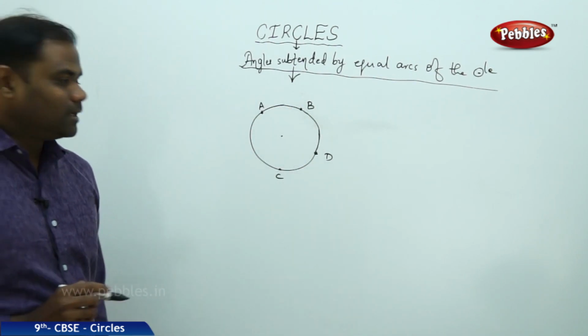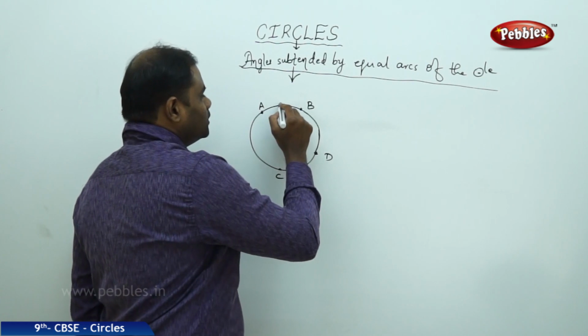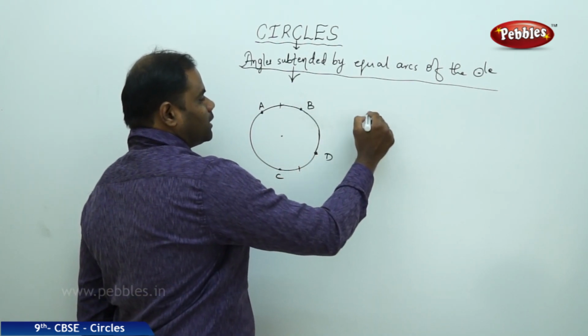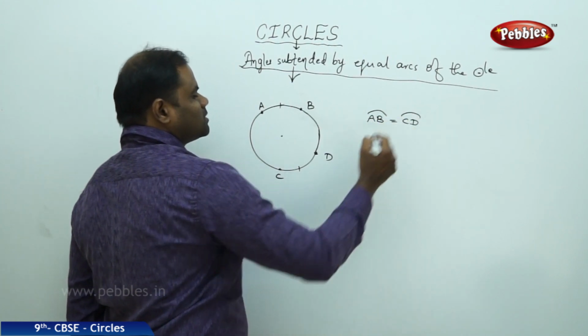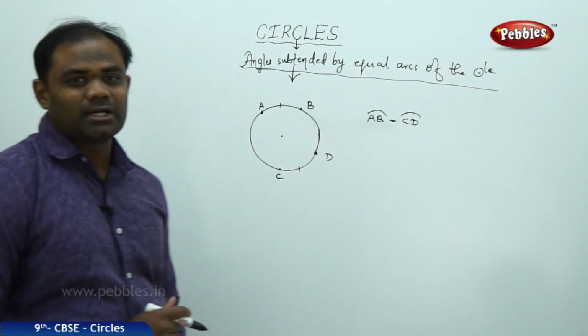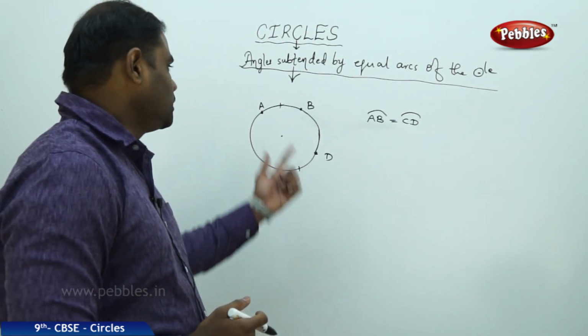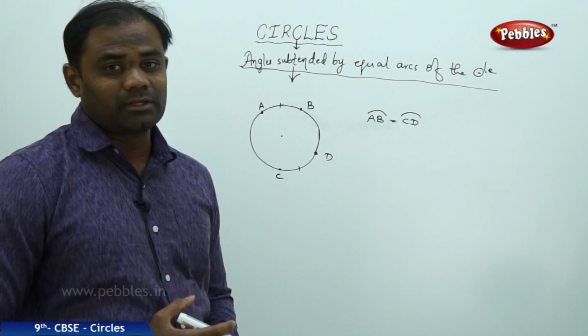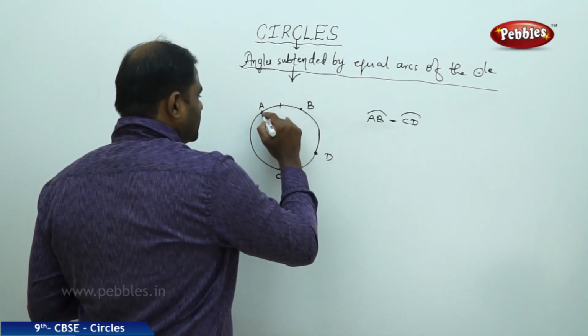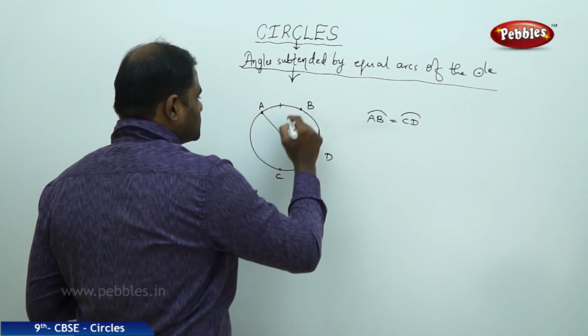Now here, if arc AB is equal to arc CD, then the property says that two arcs which are equal in length subtend equal angles at the center.